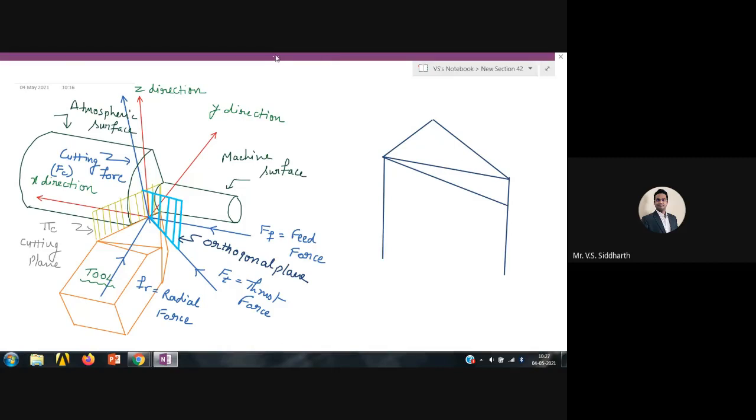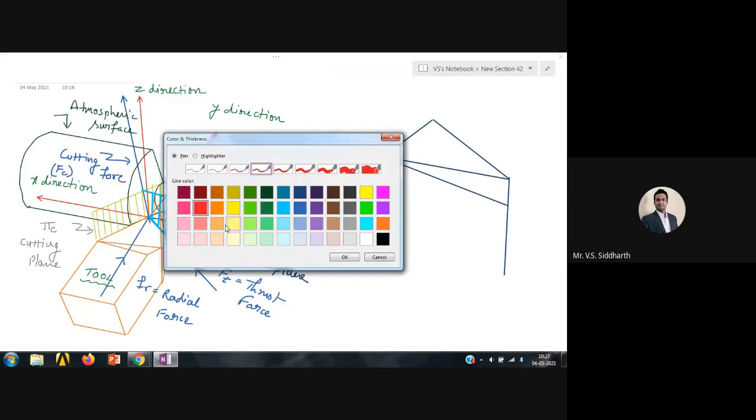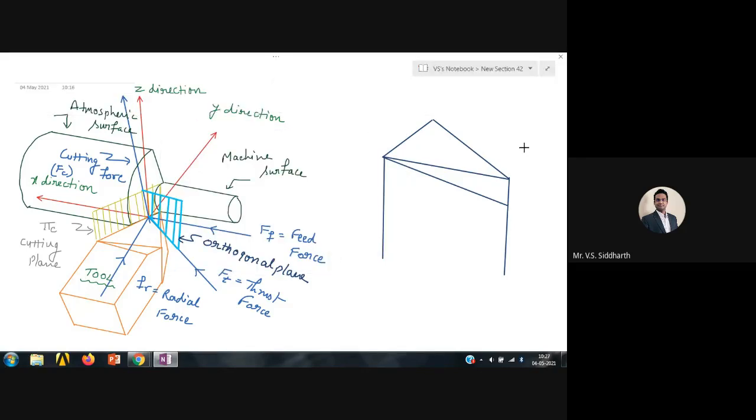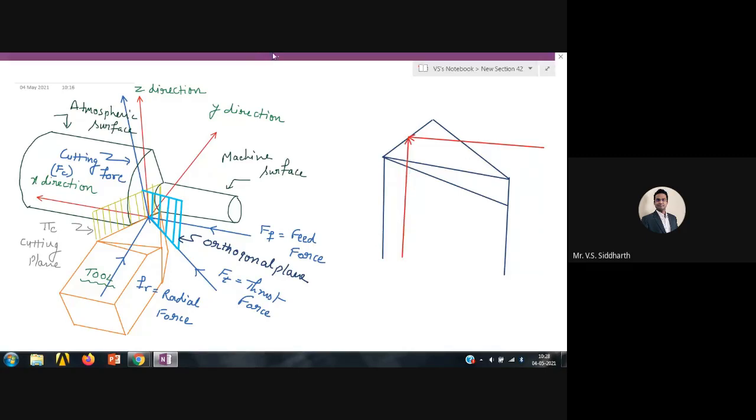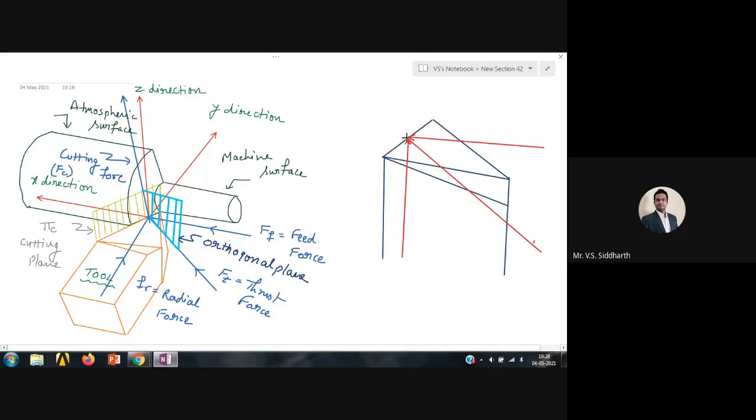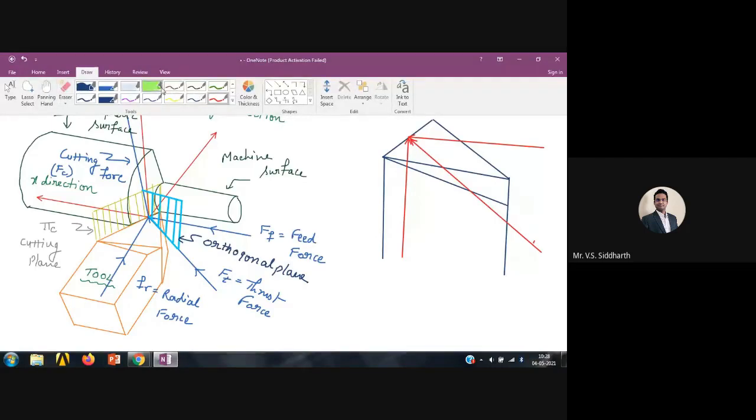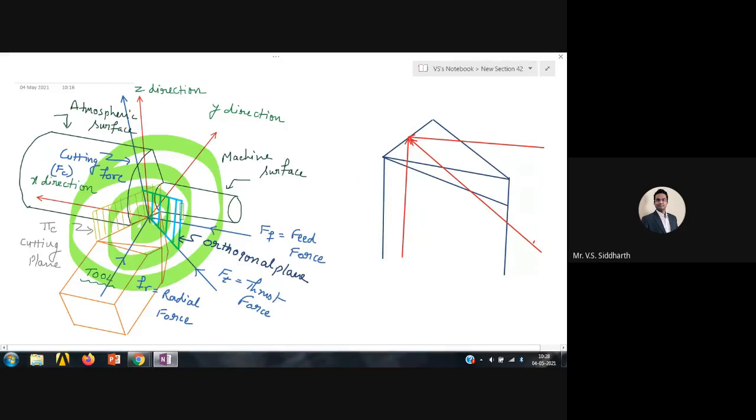So this is my cutting edge. You see this diagram, I'm showing you the top view.